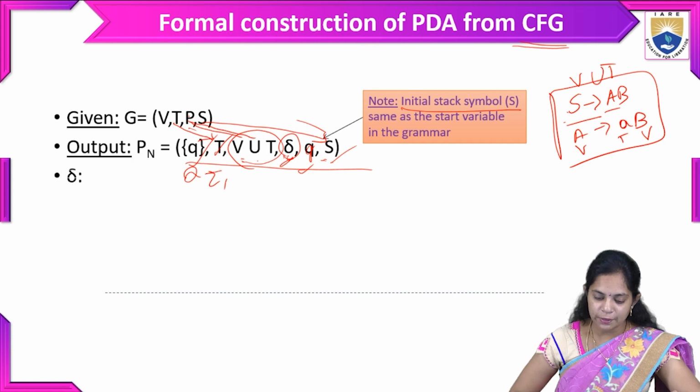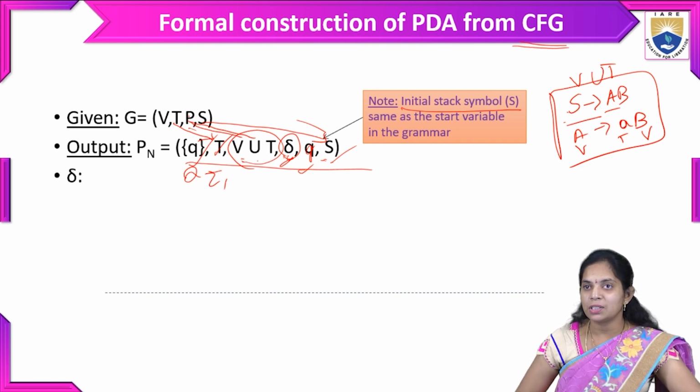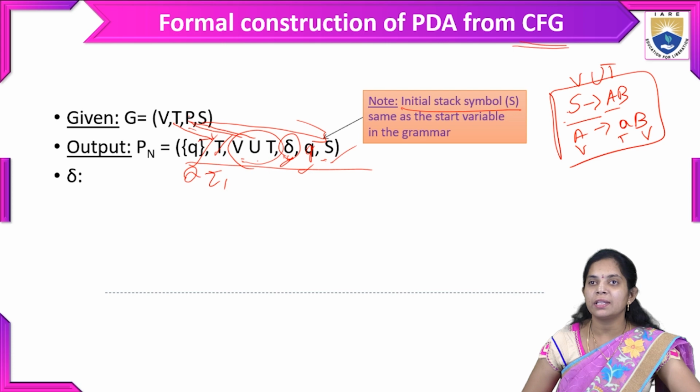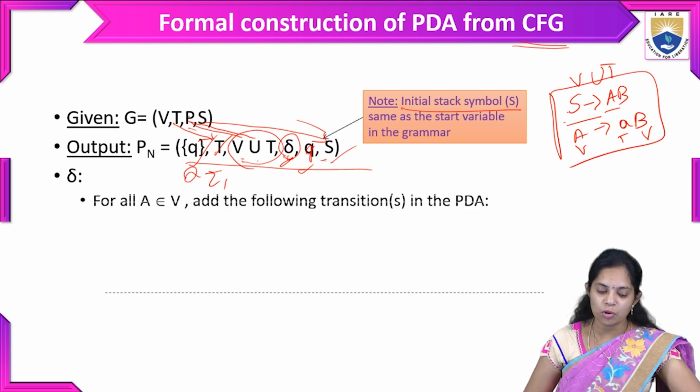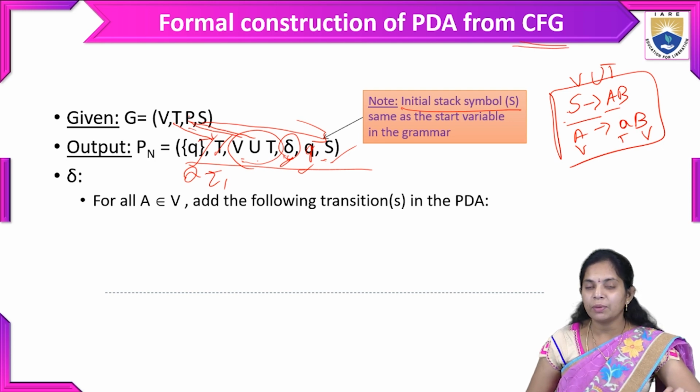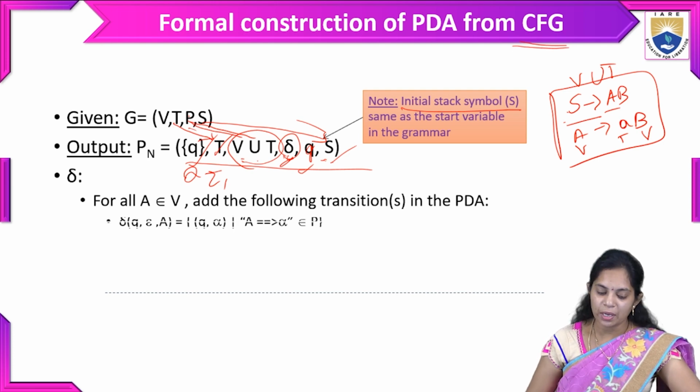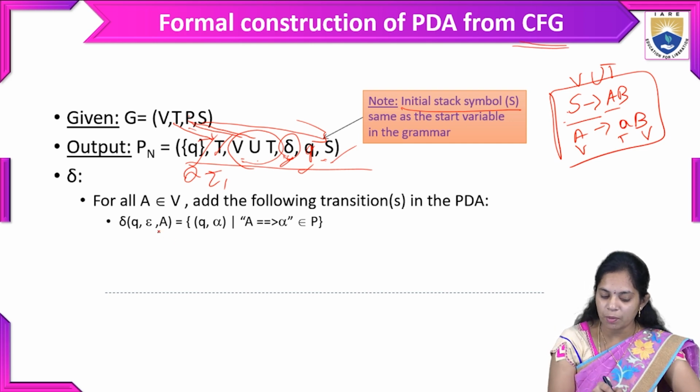And we'll discuss what is meant by transition. Here we discussed the transition of pushdown automata. It has values like: A is a terminal, and V is a non-terminal, so A belongs to V, and add the following transition in the PDA. If the top of the stack symbol is A, here we discussed the initial input.